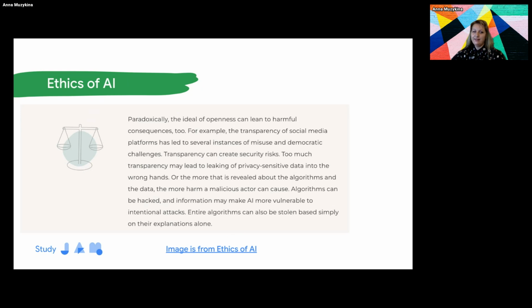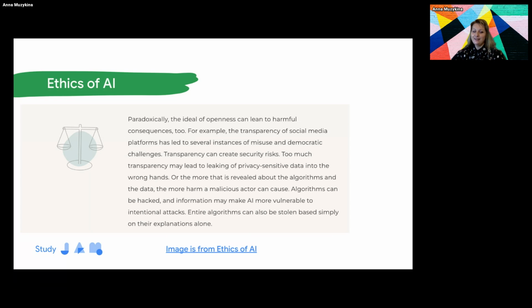But here's the kicker. Sometimes being too open can actually cause problems. Think about social media. We wanted transparency, but look what happened. Misinformation, manipulation, all sorts of headaches.